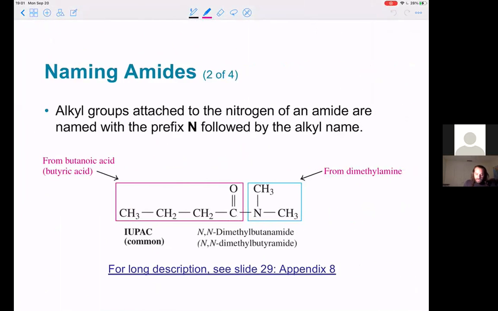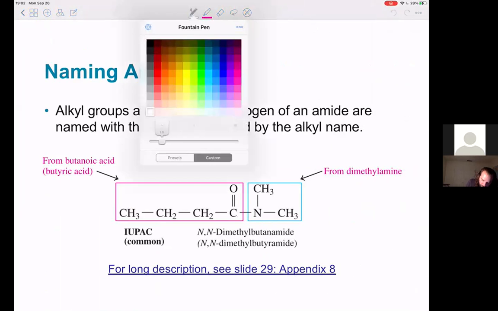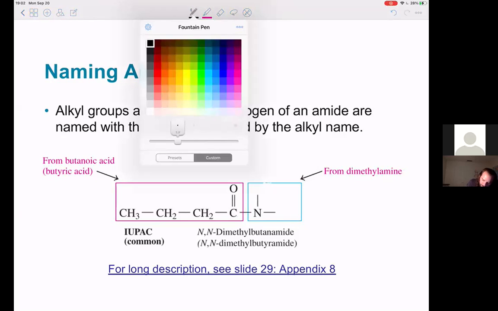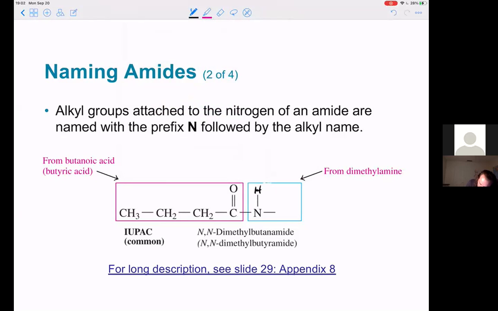What's going to make naming amides a little bit more of a pain is if the nitrogen is bound to multiple other carbons. Let me hammer this home real quick. If these were hydrogens instead of methyl groups, then this would simply be butanamide.